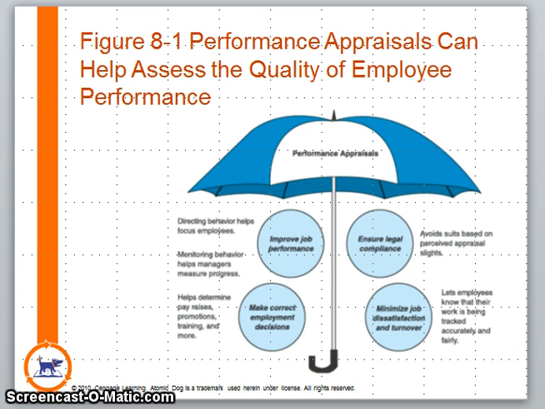What does it do? Performance appraisals will improve job performance, make correct employee decisions, ensure legal compliance, and minimize job dissatisfaction and turnover. A performance appraisal is an opportunity for a supervisor to meet with a subordinate and review the subordinate's performance in the workplace.